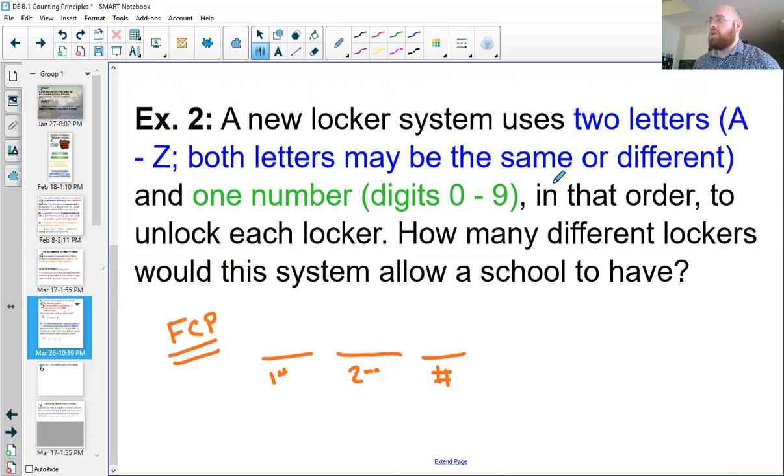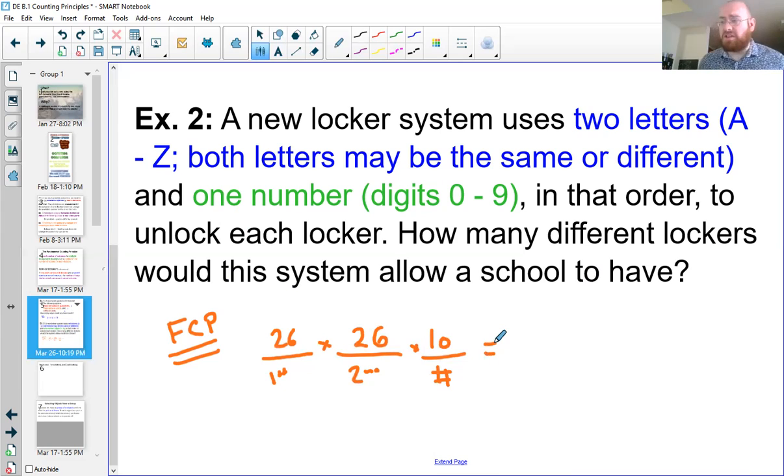How many letters are in the English alphabet, A through Z? Well, that would be 26. Since we can have the same letter, it would be another 26. And lastly, if we have digits 0 through 9, that's actually 10 different digits.